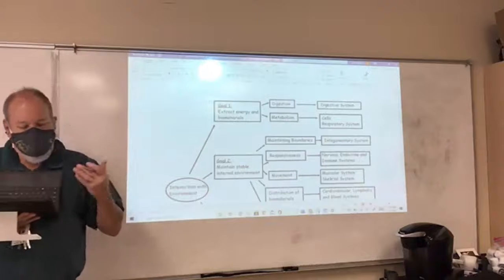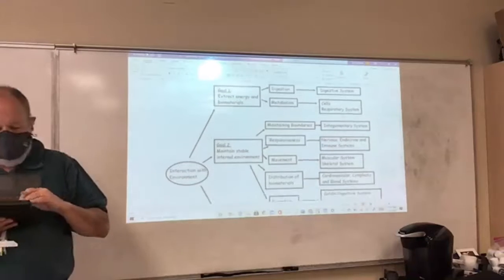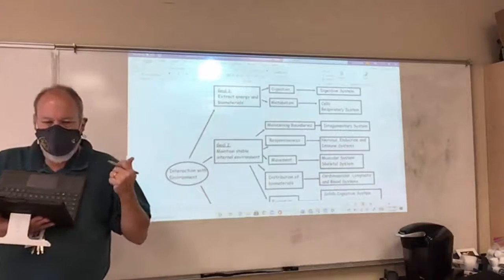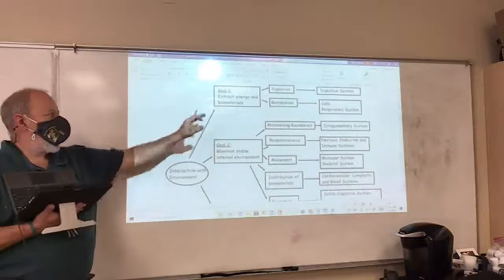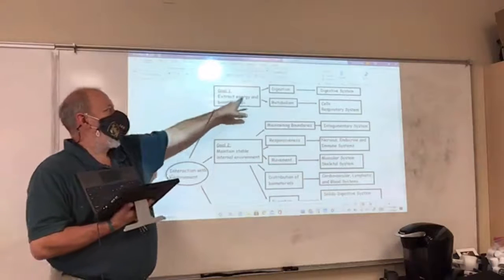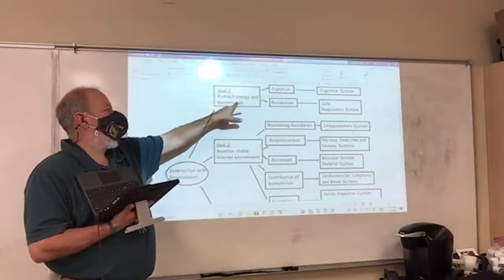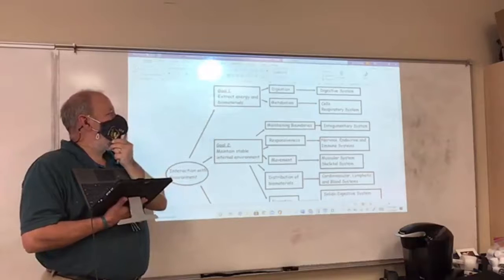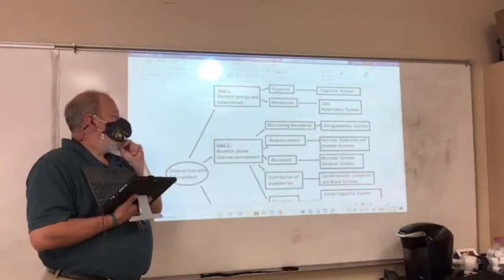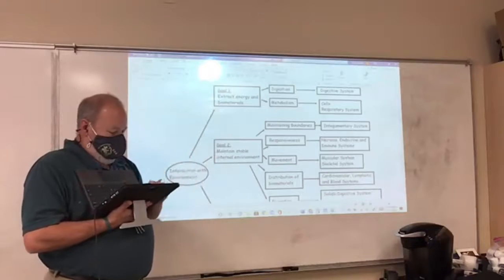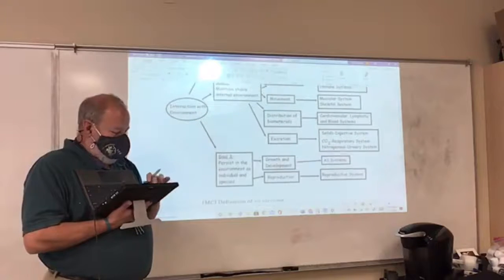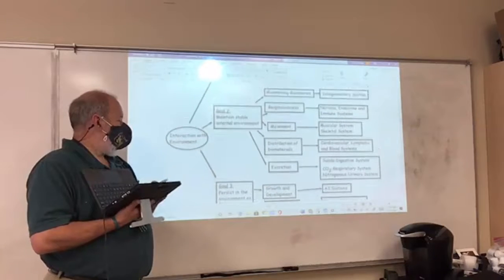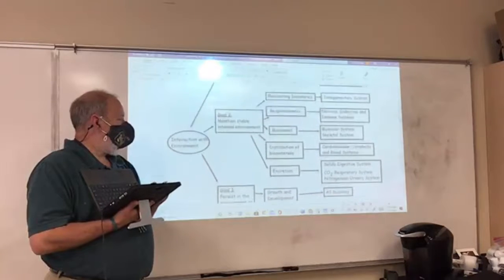A successful interaction with the environment involves three things. I need to extract energy and biomaterials. If you don't put both of these in, I'll take a half a point off, because not all biomaterials are energy, okay? We need to maintain a stable internal environment, and we need to persist in the environment, as an individual and as a species.